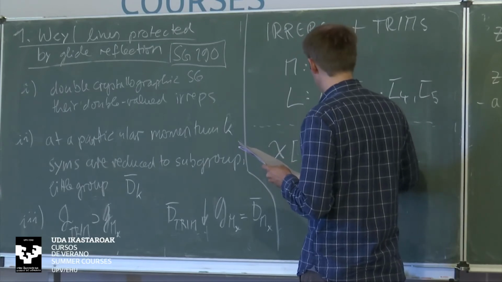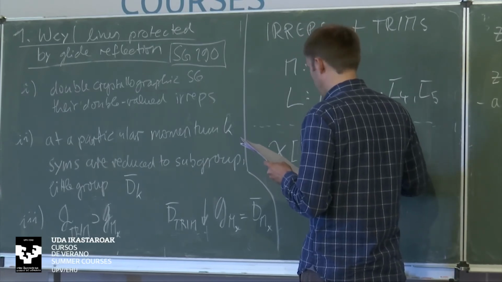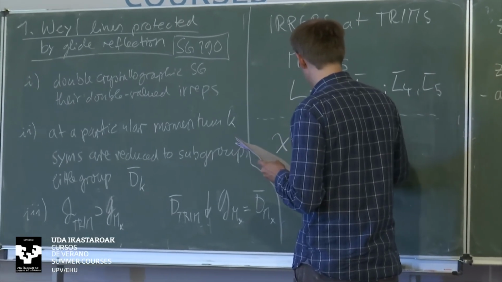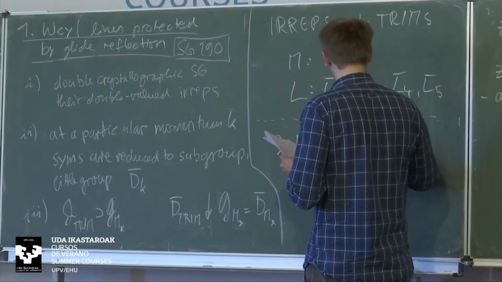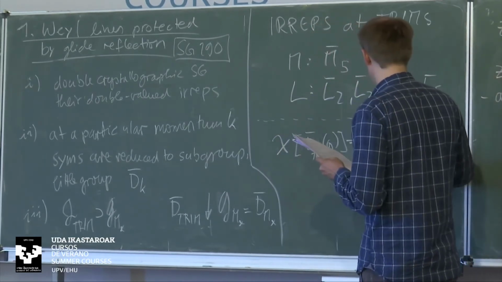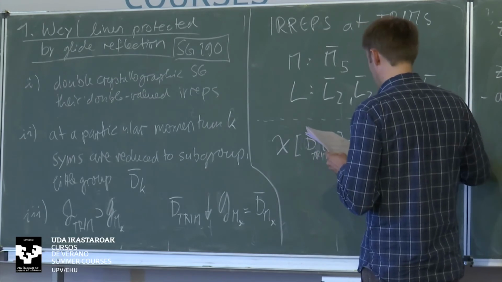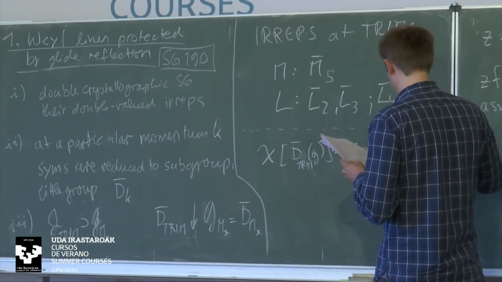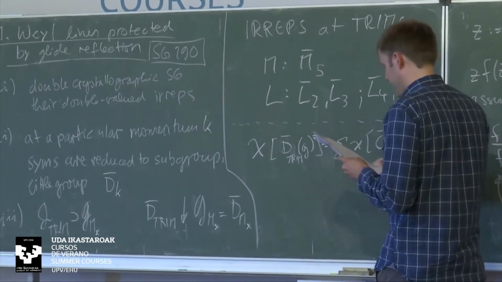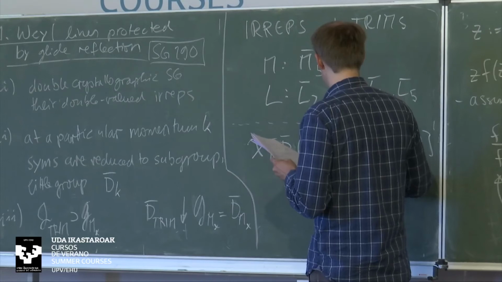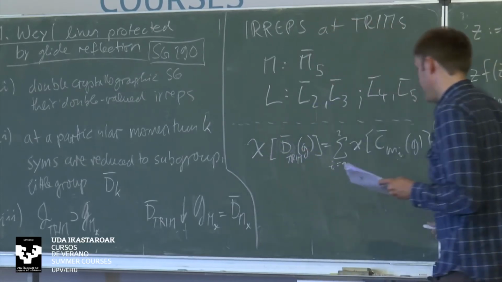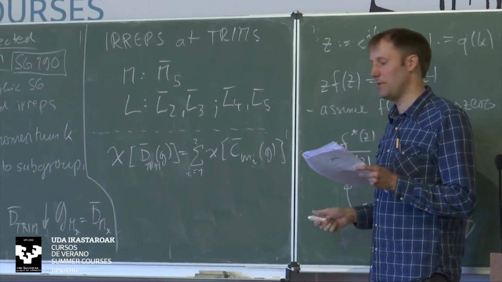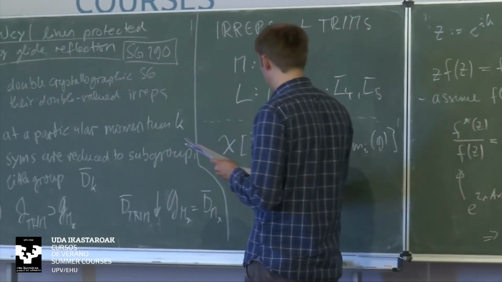Because these bands are always continuous, I know that the character at the high symmetry point has to be equal to the sum of the characters at the low symmetry point, where I sum over these two bands into which the Kramers pair splits up. Okay, so is this more or less clear? Maybe you can tell me now how this splitting has to occur.